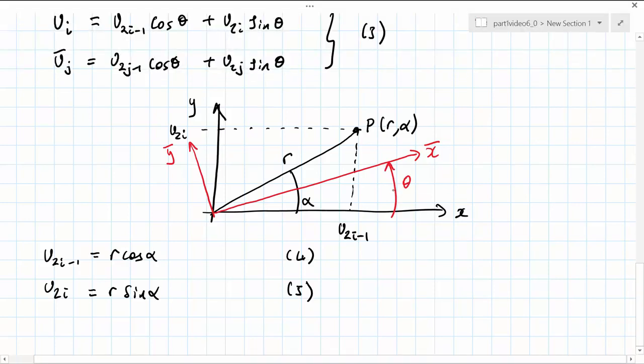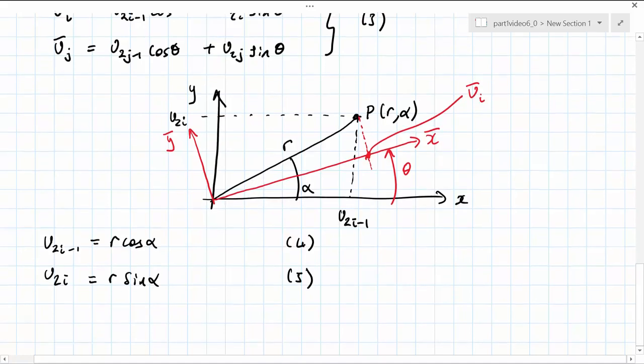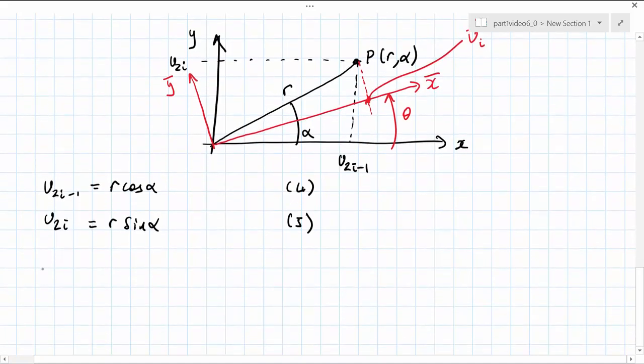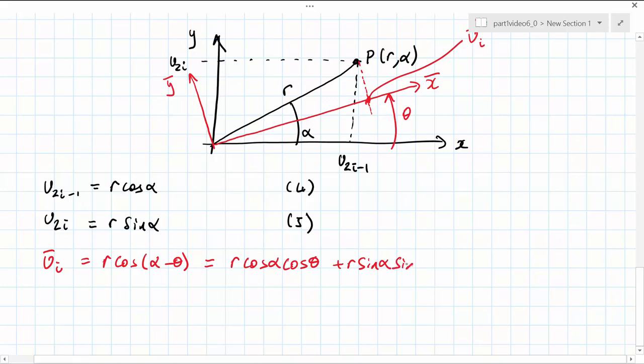We now project the point P onto the x bar axis, and this gives us our point U bar I. We can again see, using trigonometry, that U bar I is equal to r cosine alpha minus theta, which, using the double angle formula, we can expand to r cosine alpha cosine theta plus r sine alpha sine theta.